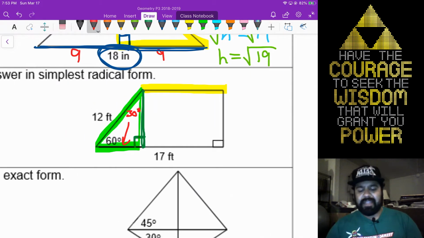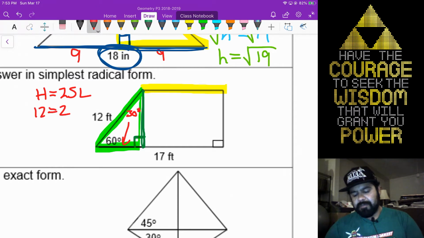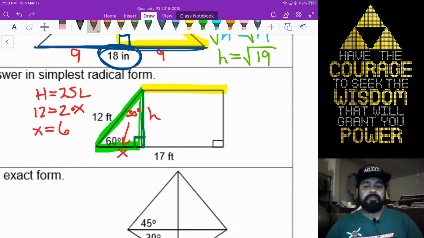If you don't remember how to get that, just set up your formula. Right, so then 12 equals 2x. So then x is going to have to equal 6.